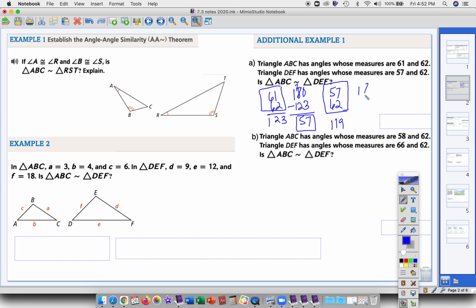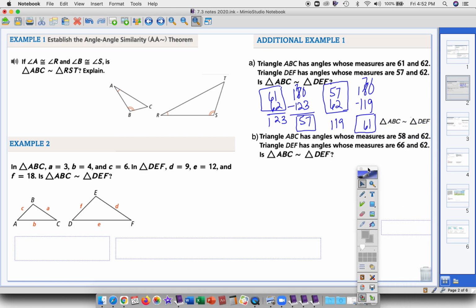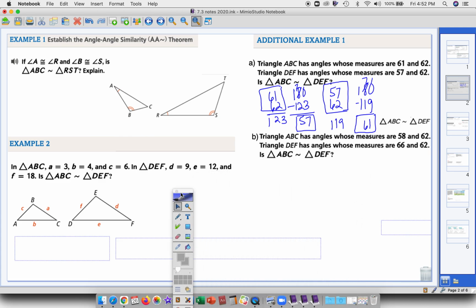If I take 180 and subtract the 119, that leaves me with 61, which is the same as the third angle in the other triangle. So my conclusion: yes, triangle ABC is similar to DEF.